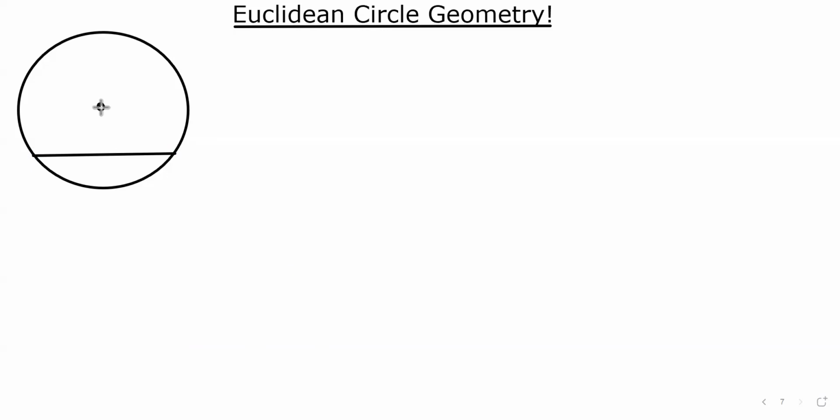Now, the perpendicular drawn from the center of this circle to the chord is simply going to bisect the chord. In other words, a line that is drawn from the center of a circle to this chord is going to bisect the chord, which means it cuts it into two equal halves.